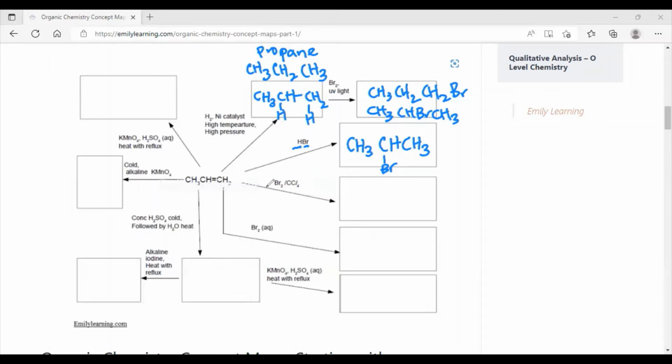Next, let's go on to the next reaction where propene reacts with bromine in CCl4. So Br2 in CCl4, we will basically have each Br going to each of the carbons here. So this will be the product.